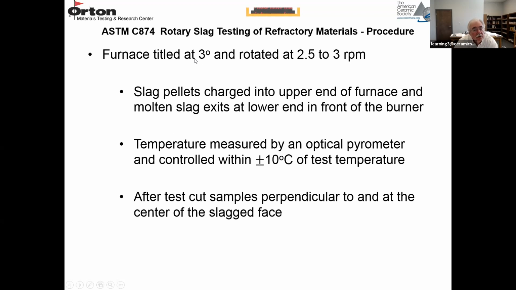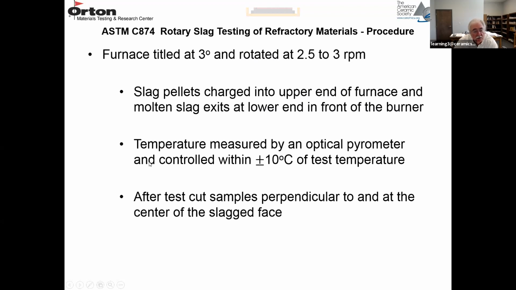The furnace is tilted at 3 degrees. It's not that steep. It's rotated at 2.5 to 3 revolutions per minute. The slag is charged into the upper end of the furnace. The molten slag then flows through the furnace over the refractories and exits at the lower end, right in front of the burner. The temperature is measured by an optical pyrometer.